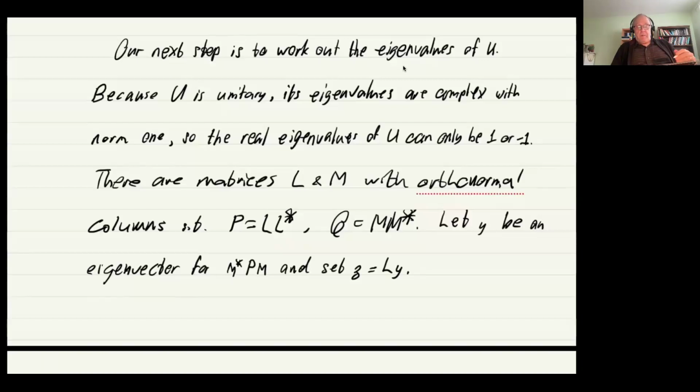Now, maybe I'll scribble something here. Notice before I was talking about QPQ, which is equal to now M star L L star M, and so we're working with this.